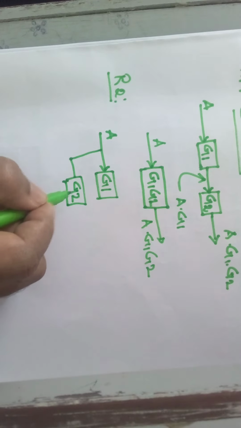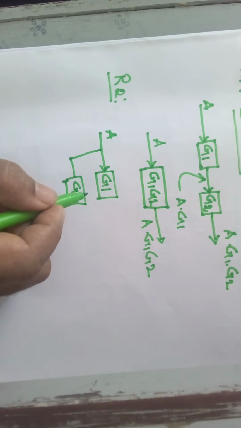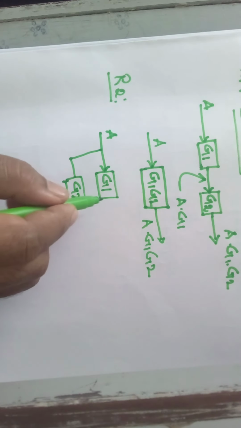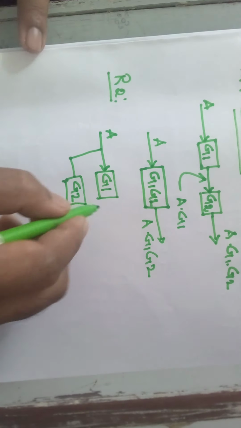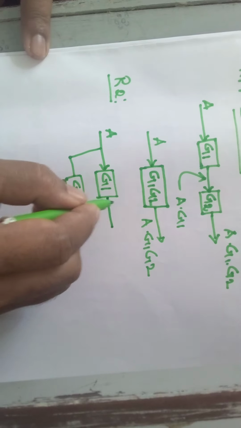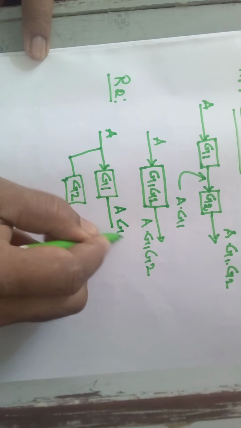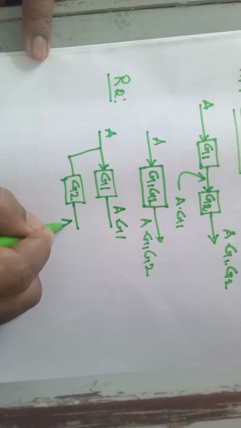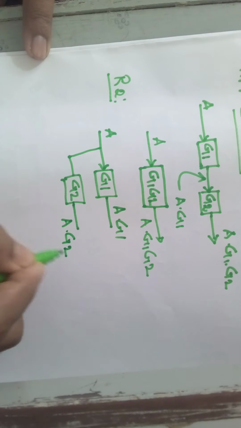This is known as a parallel connection. The input A is applied to both gain blocks. The output from the first gain block is A into G1, and the output from the second gain block is A into G2.